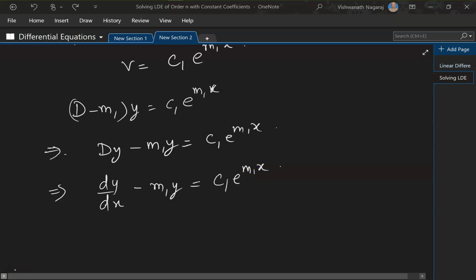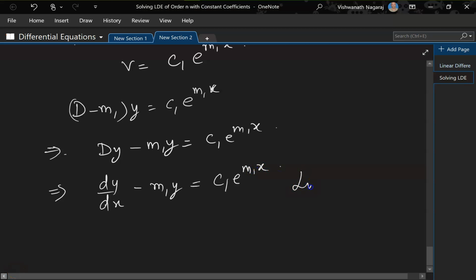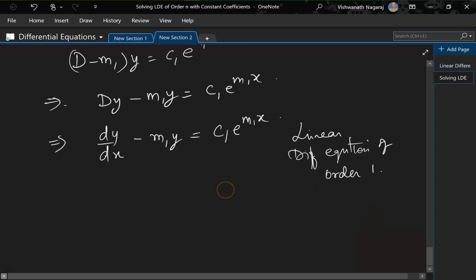Now this is a very simple linear differential equation of order 1. So let's solve this. To solve this, we multiply it with the integrating factor.